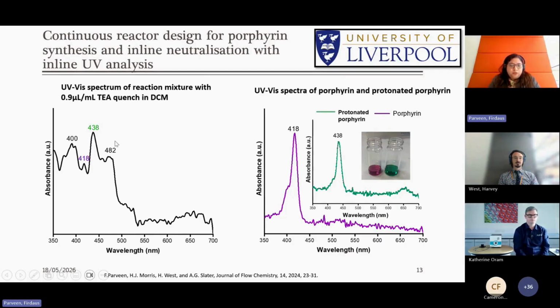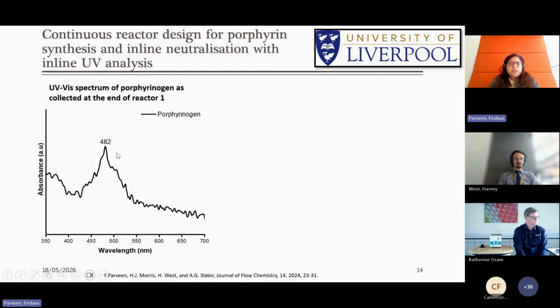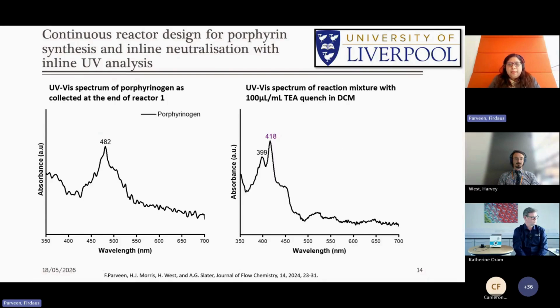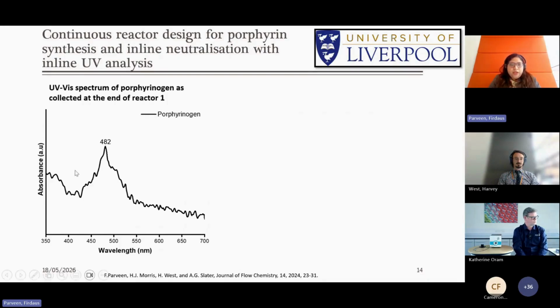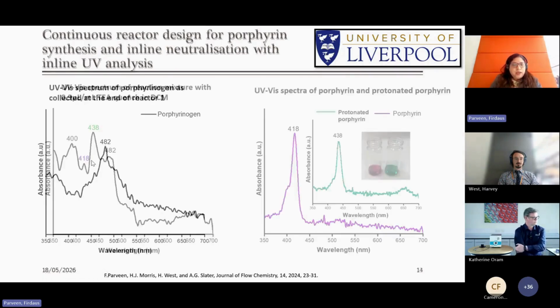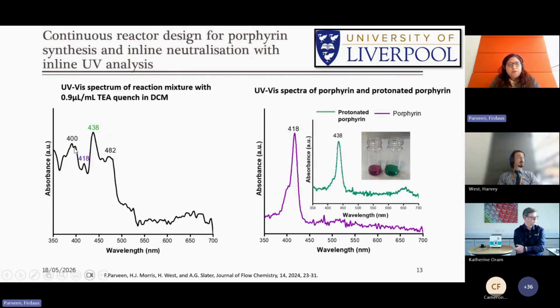To further find out what is 482, we put an Asynt FlowUV just after reactor 1, and found that 482 corresponds to the intermediate porphyrinogen, and the peak at 400 comes from different concentrations of porphyrin.